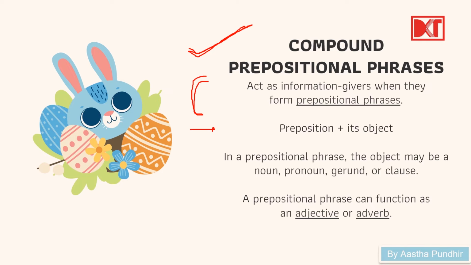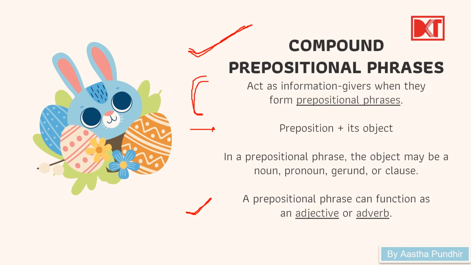Like here, in a prepositional phrase, the object may either be a noun or a pronoun or a gerund or a clause. And this prepositional phrase can function either as an adjective or an adverb. So what you have to remember is that these compound prepositional phrases act as information givers. And how are they formed? With the preposition plus its object.